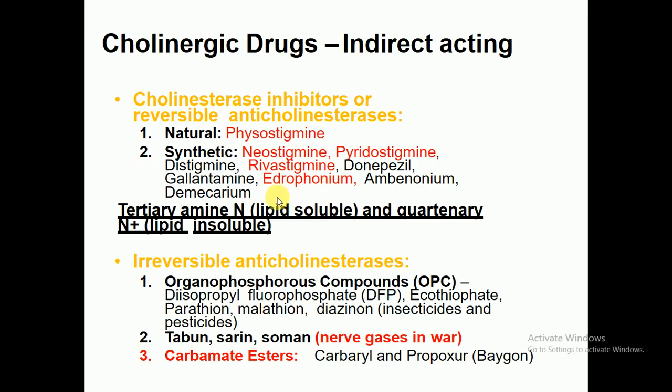Tertiary amines are lipid soluble and quaternary amines are lipid insoluble. The irreversible anticholinesterases, which I explained in the previous lecture, are organophosphorus compounds (OPC) like diisopropyl fluorophosphate, echothiophate, parathion and malathion, and many more drugs.